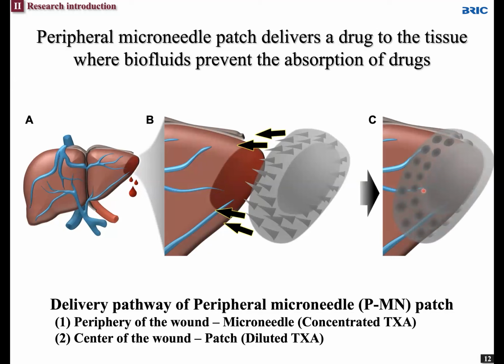Our research proposal provides two pathways here. First, the peripheral pathway, drug insertion into the skin via the microneedles. And the second one, direct absorption into the wound, which exposes its blood vessel to the external environment without a microneedle.